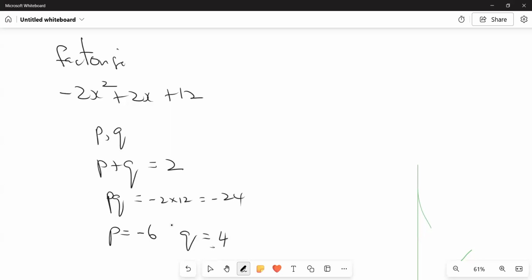Sounds okay. So we can write back now minus 2x squared, and from experience, I'll use the positive there, and I'll put the minus 6x here, plus 12. What if I do it the other way around?